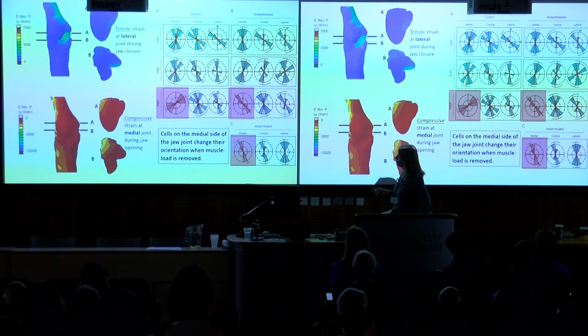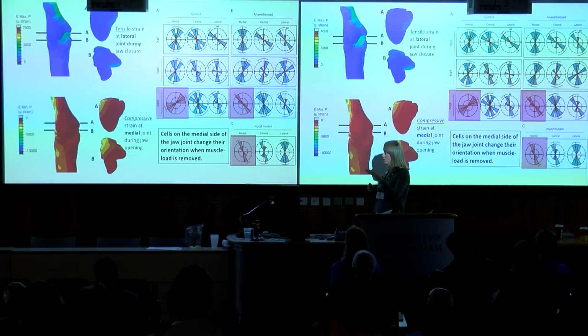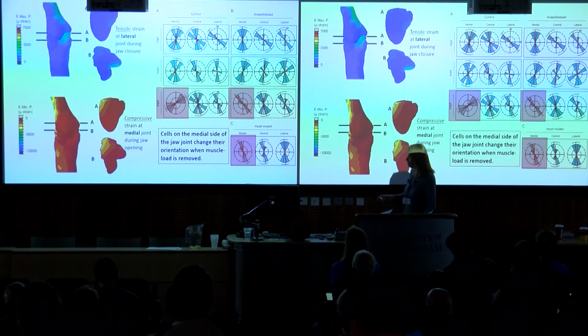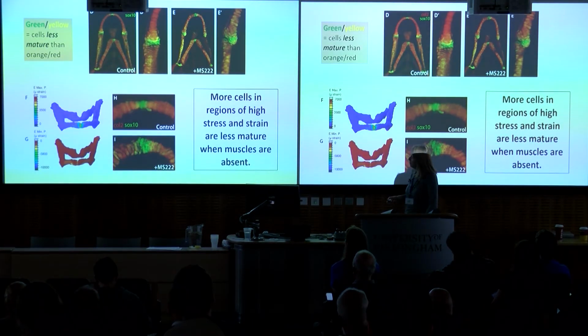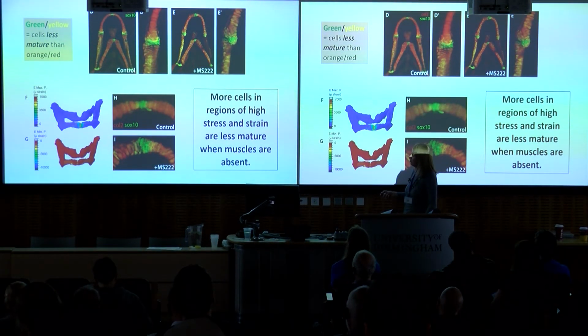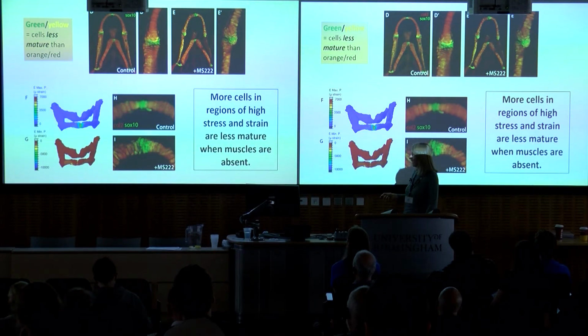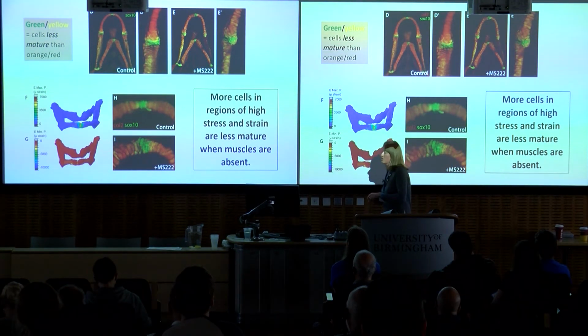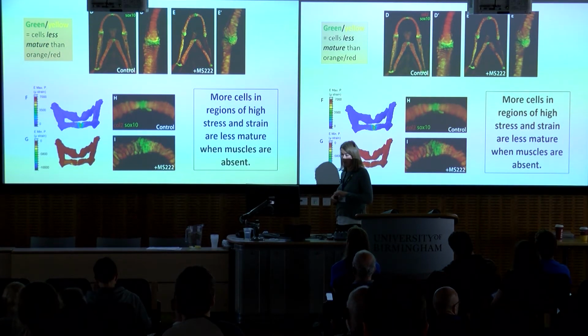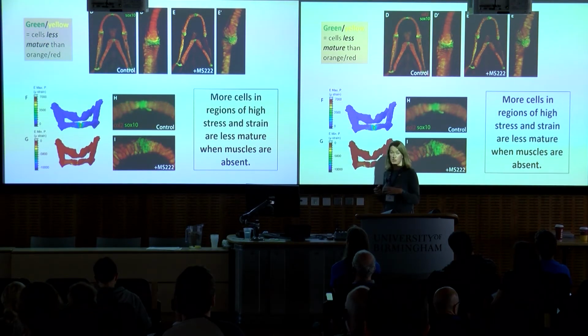What we found was that in the anesthetized fish and the mutant fish, the cell orientations change shape on this medial side of the jaw when the muscle load is reduced. So maybe this compressive strain is doing something here. We also looked at an indicator of cell maturity, and we found that when the muscles are absent, we see more cells in regions of high stress and strain, and they're less mature when those muscle forces are absent.